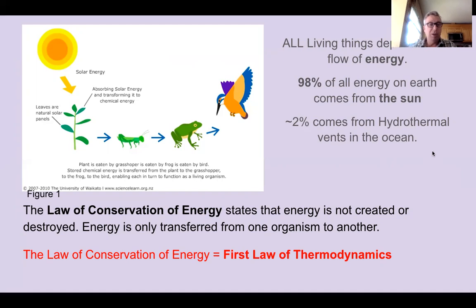So we're talking about the enclosed Earth. We talk about the first law of thermodynamics, and that's interchangeable with the conservation of energy. So the first law of thermodynamics states that energy cannot be created or destroyed.